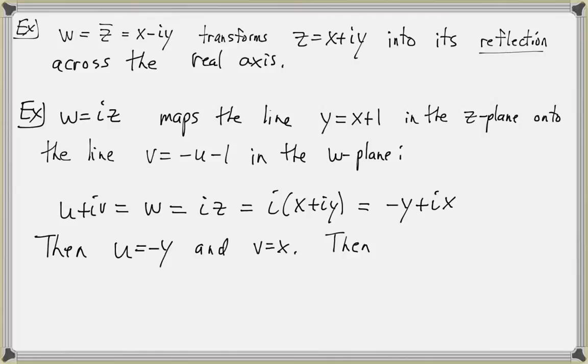Then the equation y equals x plus 1 becomes negative u equals v plus 1, which is equivalent to the line v equals negative u minus 1.